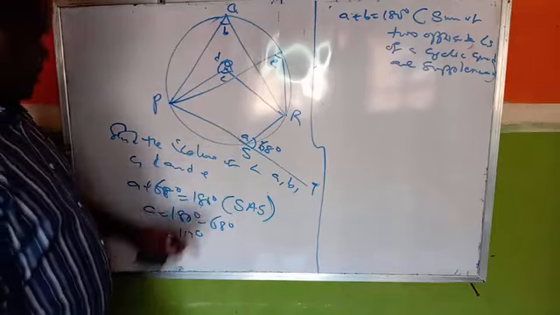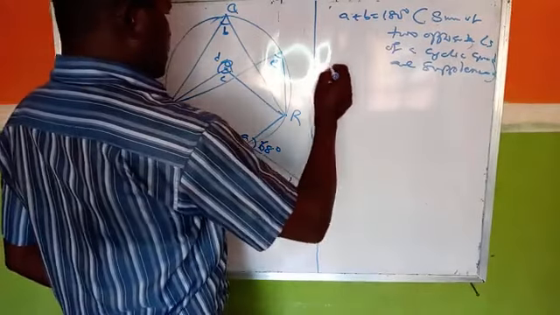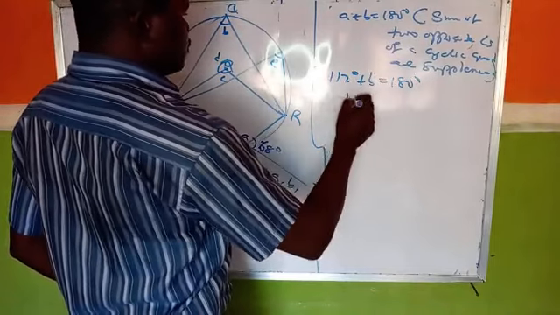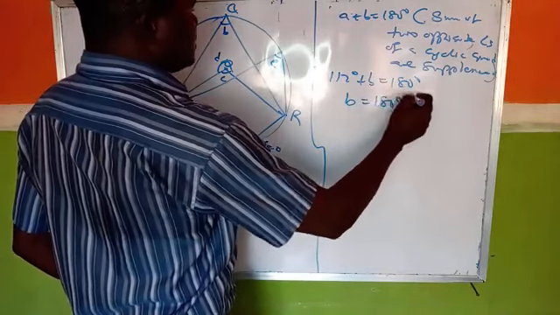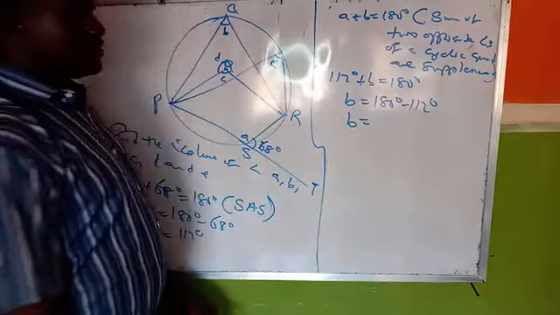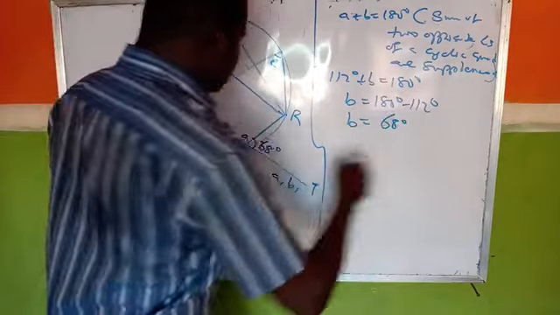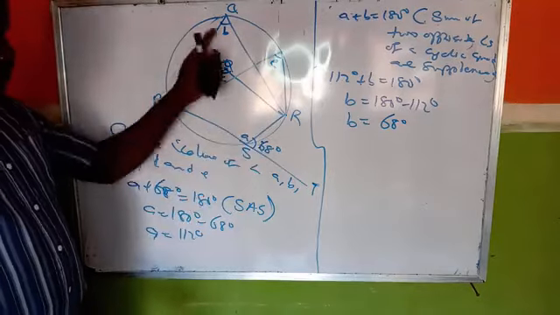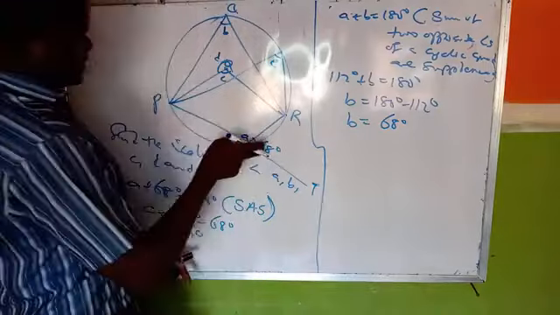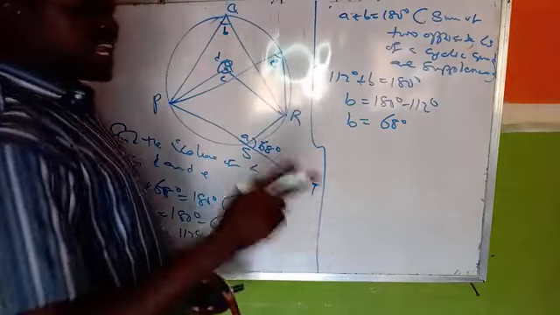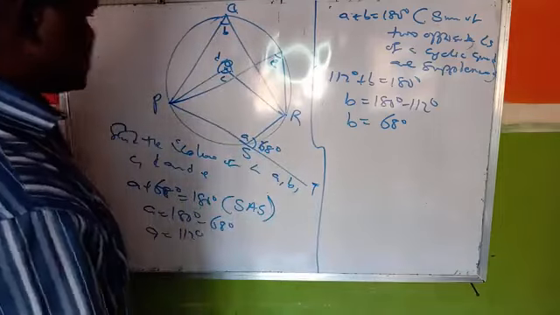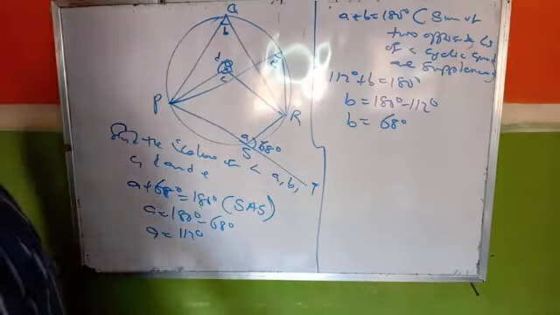So A is 112 degrees, 112 degrees plus B equals 180 degrees. So B equals what? 180 degrees minus 112, so you get 68 degrees. This is what I'm saying. This angle equals this. And the proof is that an exterior angle of a cyclic quadrilateral is equal to the opposite interior angle. So that is it.